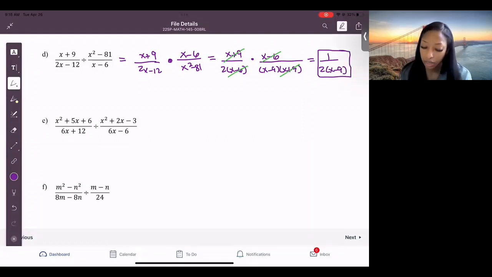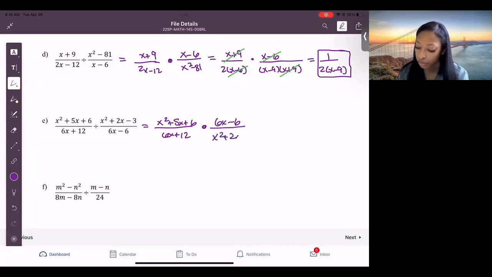All right, part E, we have x squared plus 5x plus 6 over 6x plus 12 divided by x squared plus 2x minus 3 over 6x minus 6. If we rewrite this, we get x squared plus 5x plus 6 over 6x plus 12 times 6x minus 6 over x squared plus 2x minus 3. And then we factor.